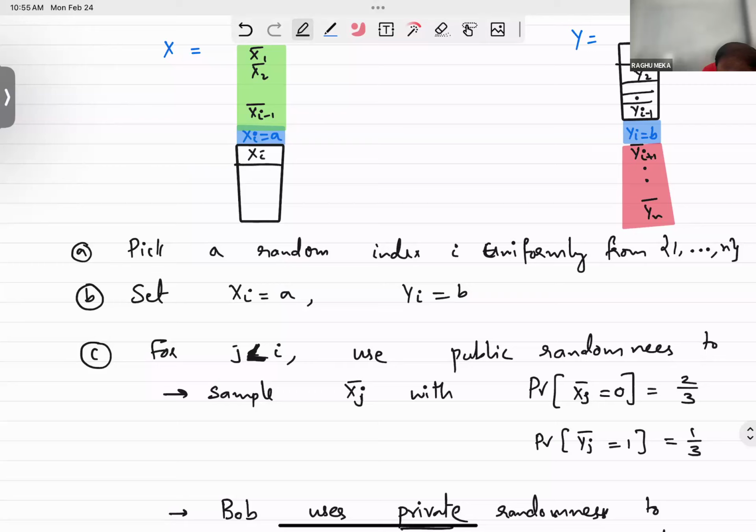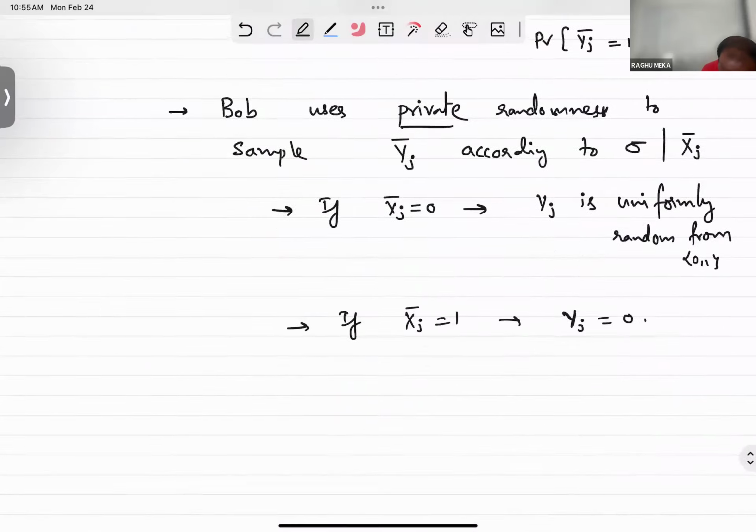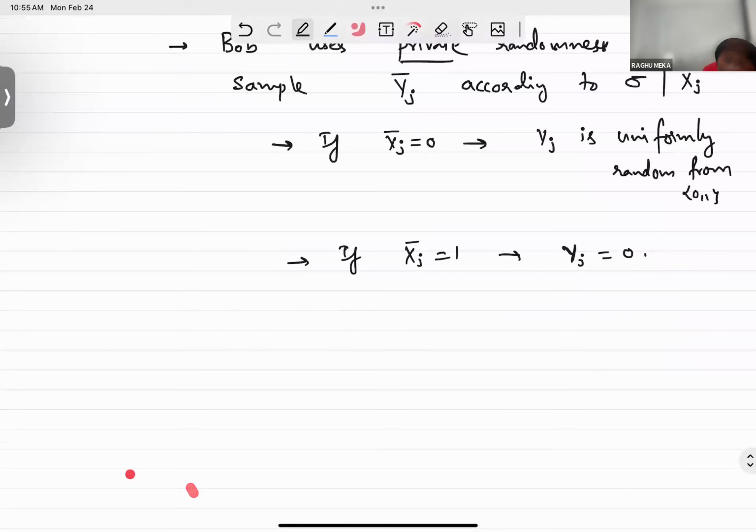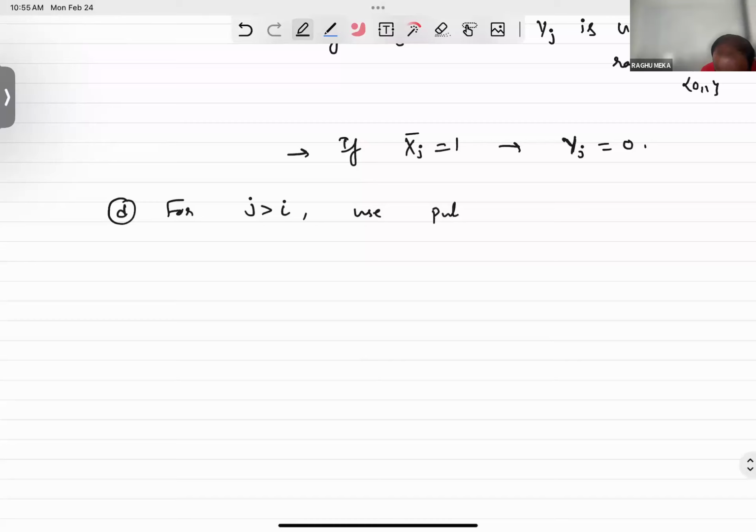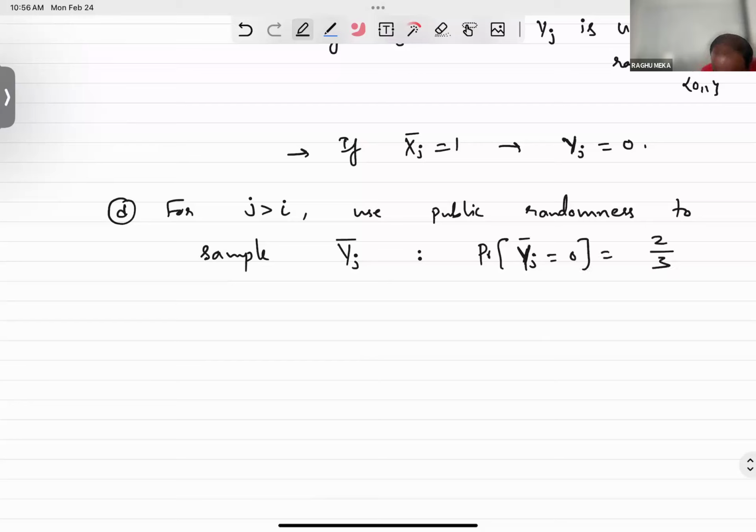So these are again private randomness. For j greater than I, use public randomness to sample yj bar such that the probability of yj bar equals 0 is 2/3, and equals 1 is 1/3.